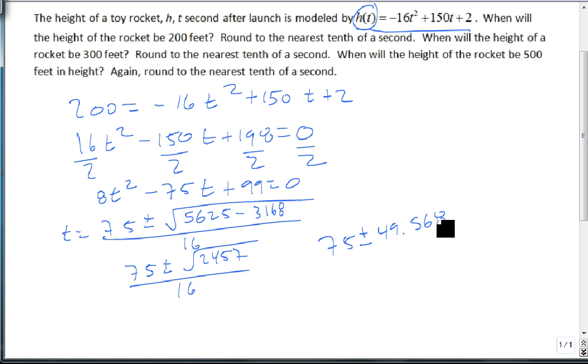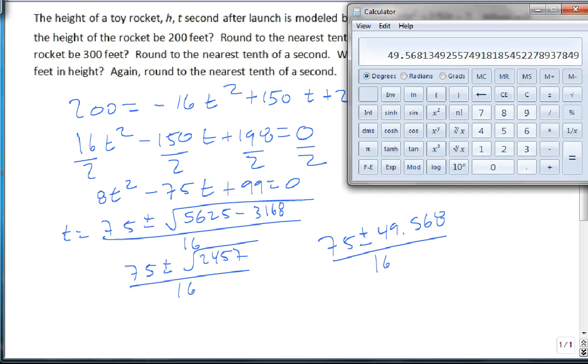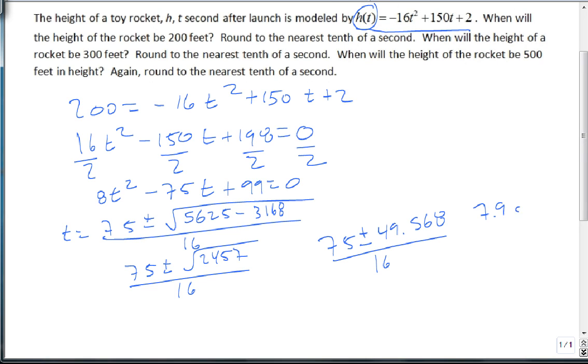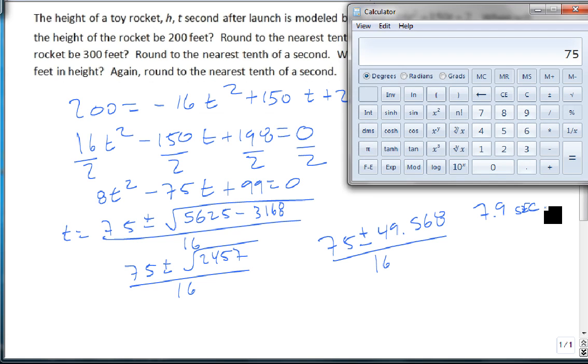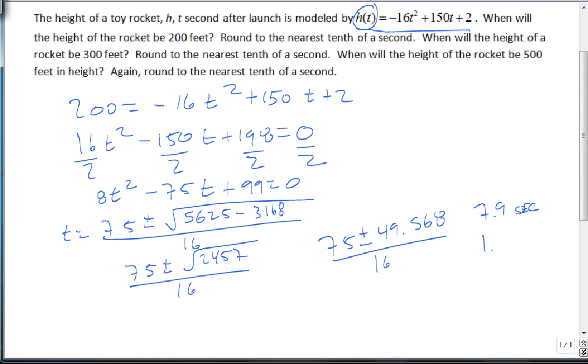I'm going to round to 3 decimal places now, so that later it'll be closer to what we had. So we're going to get 75 plus 49.568 divided by 16, which gives us 7.9 seconds, and 75 minus 49.568 divided by 16 gives us 1.6 seconds.